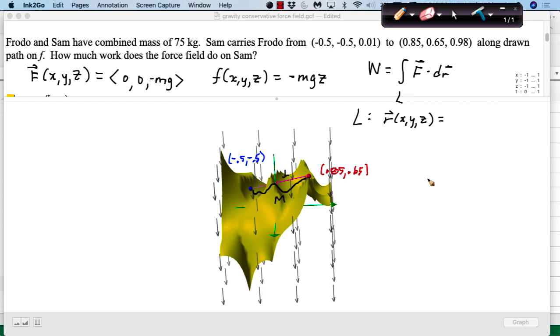Let's do it from 0 to 1, so that when we write the line integral, it goes from 0 to 1. Remember, if our parameter is 0, we want to get this point: negative 0.5, negative 0.5, and the z coordinate of that point ends up being 0.01, that's right. So negative 0.5, negative 0.5, and 0.1.